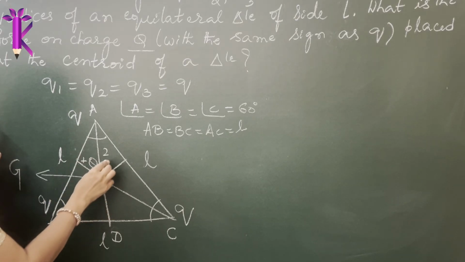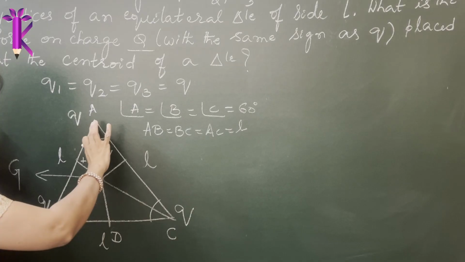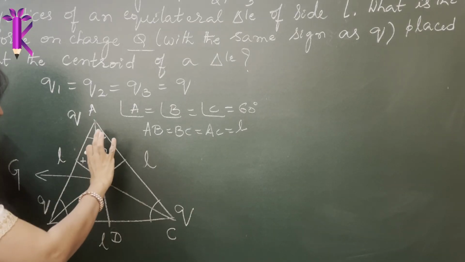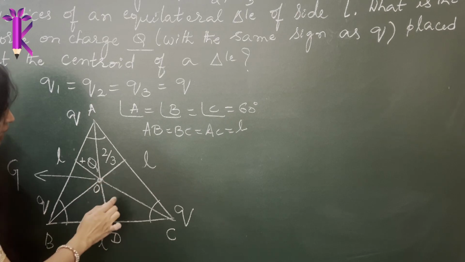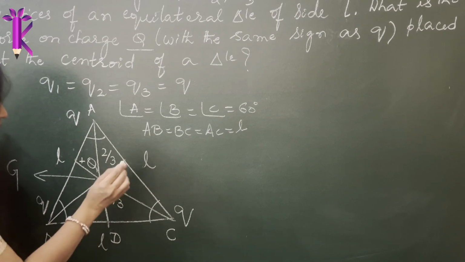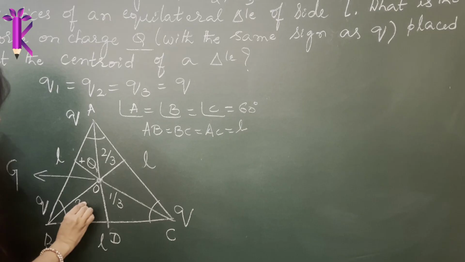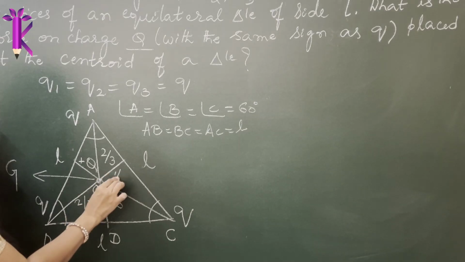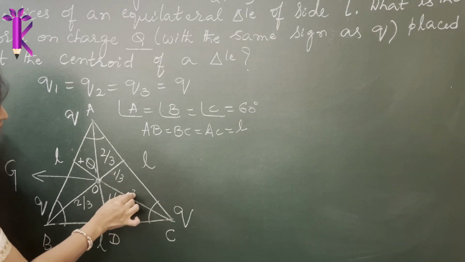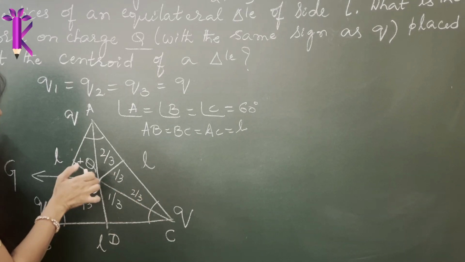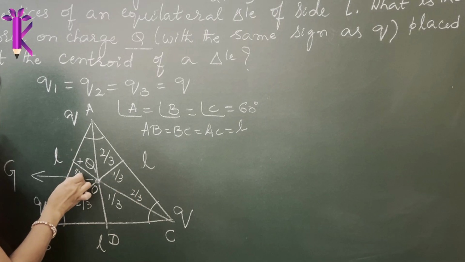Now how does it divide? It divides the line so that the part from the vertex till the centroid is in the ratio 2/3, whereas the other part is lesser in length, 1/3. Even here it is 2/3, and this will be 1/3. This length is larger compared to this length. This length will be 2/3 again, and this length will be less than that, which is 1/3.